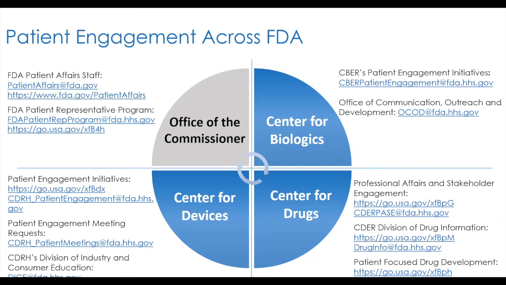So patient affairs is really your entryway and your bridge to other parts of FDA. I encourage you to reach out to us. I've also added the direct information for some of the other centers. So if you have questions about a drug or a device or a biologic, you can reach out to them directly. But if you're not sure who to reach out to, you can always just reach out to us.